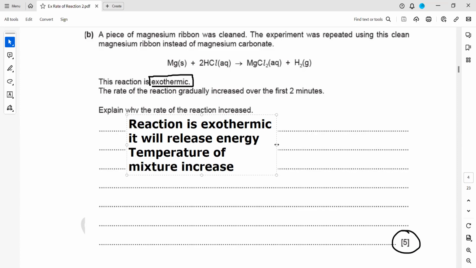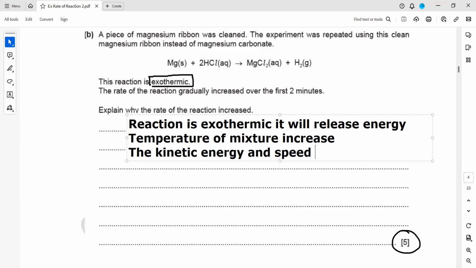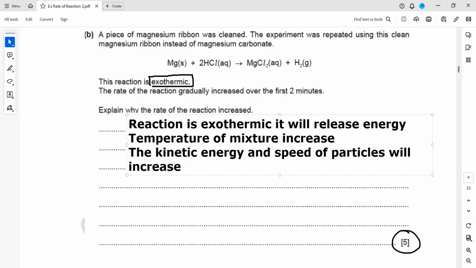Because the reaction releases energy, and the temperature of the surroundings, the mixture, the content in the flask, increases. When the temperature increases, the kinetic energy of the particles will increase and the speed of the particles will increase. When the speed of the particles increases, it will increase the collision frequency.